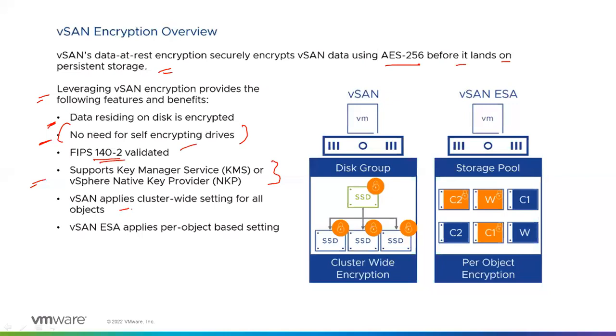In OSA it was a cluster-wide setting, while vSAN ESA applies a per-object setting. It encrypts each object I am writing, whereas in the OSA architecture it was applied at disk level. But now, whatever object I am writing, the data is encrypted at the specific object level.